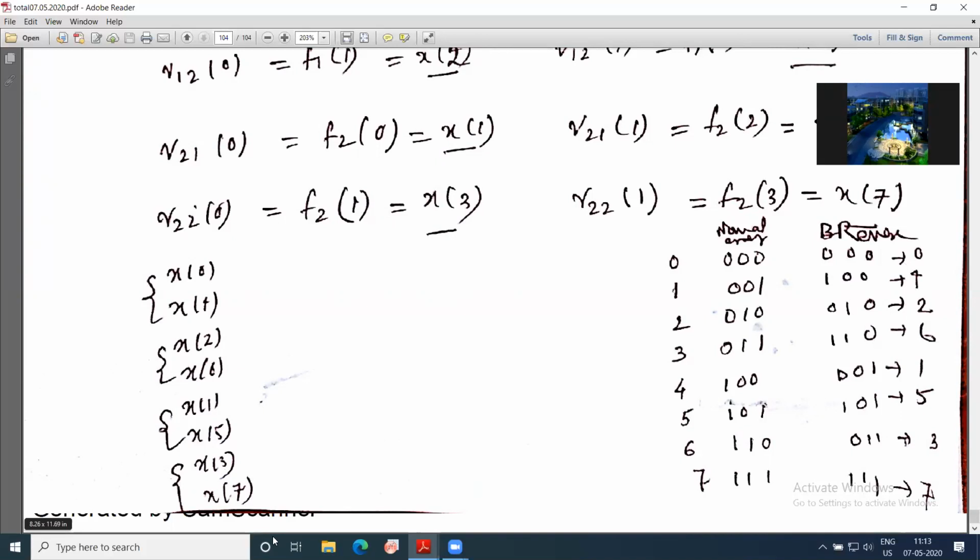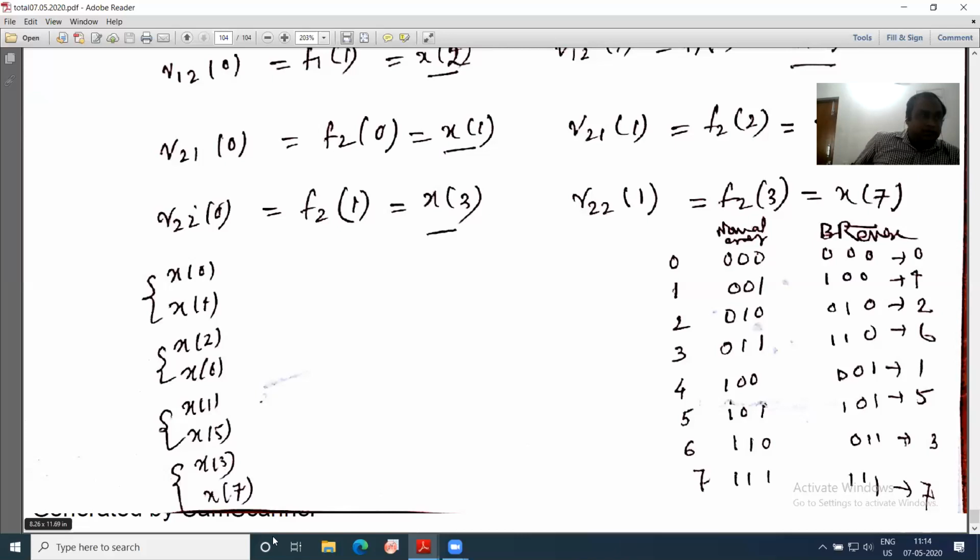So the entire derivation that we have done is only to learn the theory behind this: how things are developed, how the FFT algorithm is developed. That is what we have derived. And after the derivation, I came to know that I have to take x0 with x4, x2 with x6, and x1 with x5, x3 with x7.